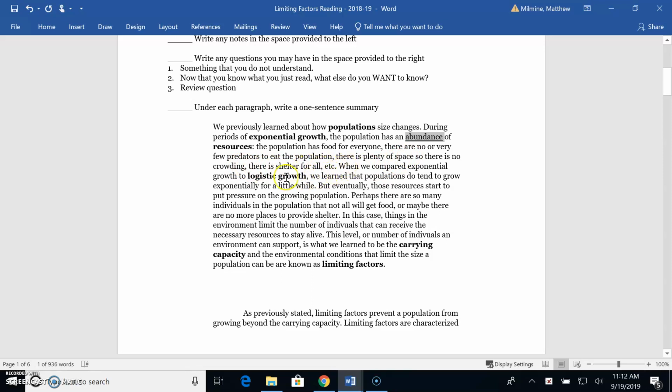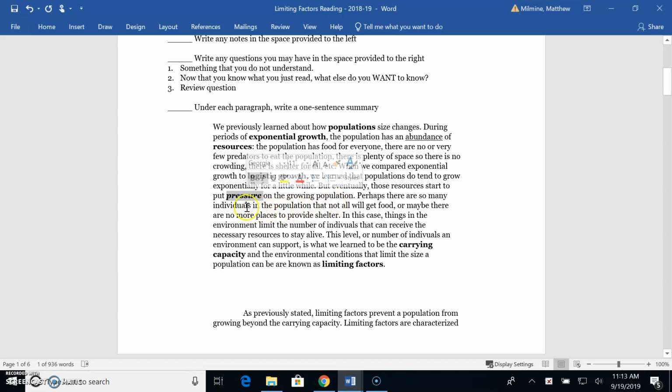When we compared exponential growth to logistic growth, we learned that populations do tend to grow exponentially for a little while. But eventually, those resources start to put pressure on the growing population. There's something that's interesting: pressure. What do they maybe mean by pressure on the population?